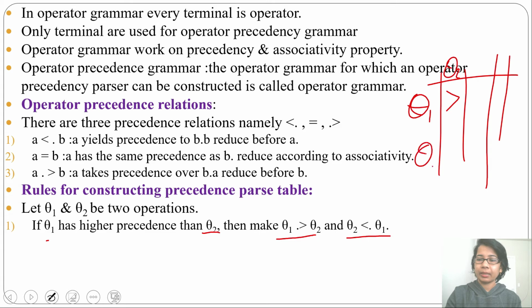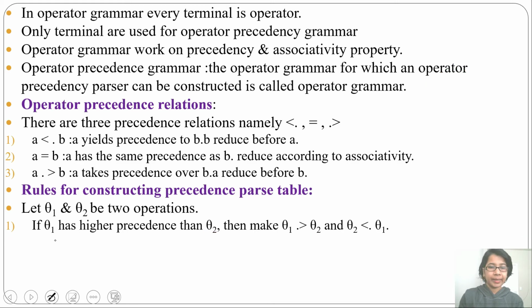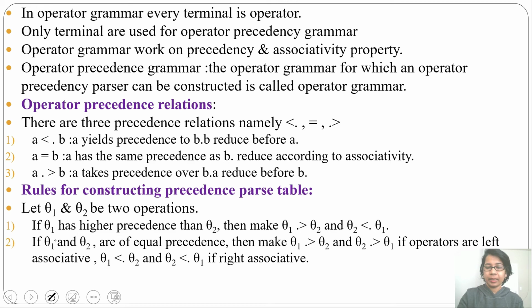Suppose there is a theta 2 and there is a theta 1, then there will be a less than symbol. Second rule, if both have equal precedence, then theta 1 will be greater than theta 2 and theta 2 will be greater than theta 1 if operators are left associative, and theta 1 will be less than theta 2 and theta 2 will be less than theta 1 if it is right associative.